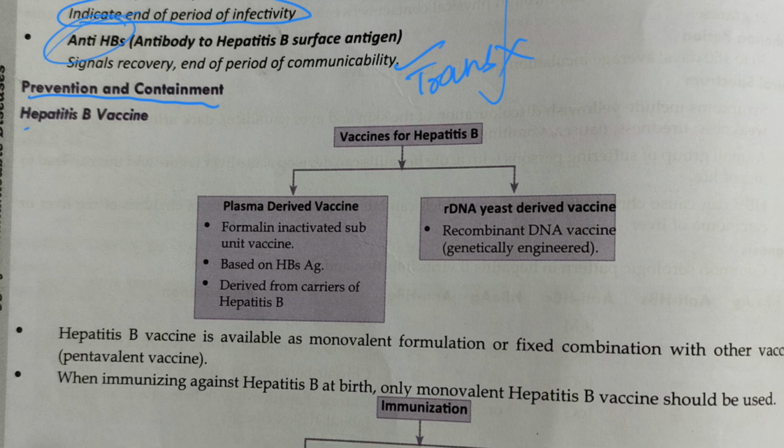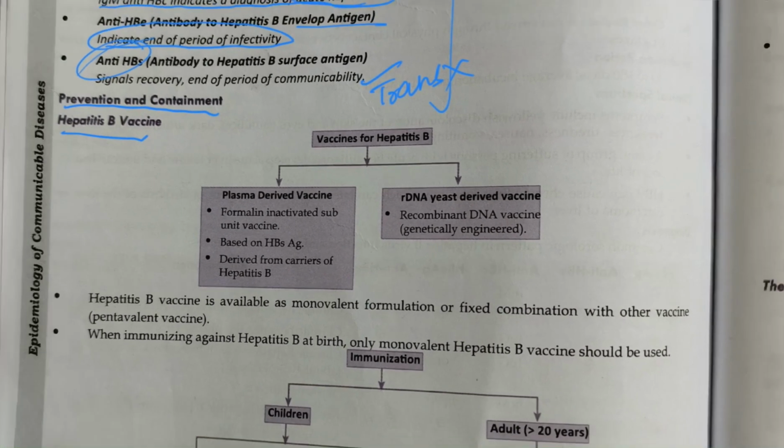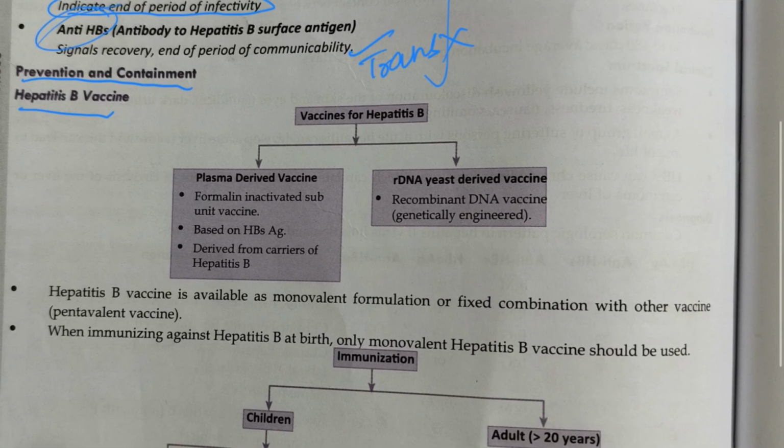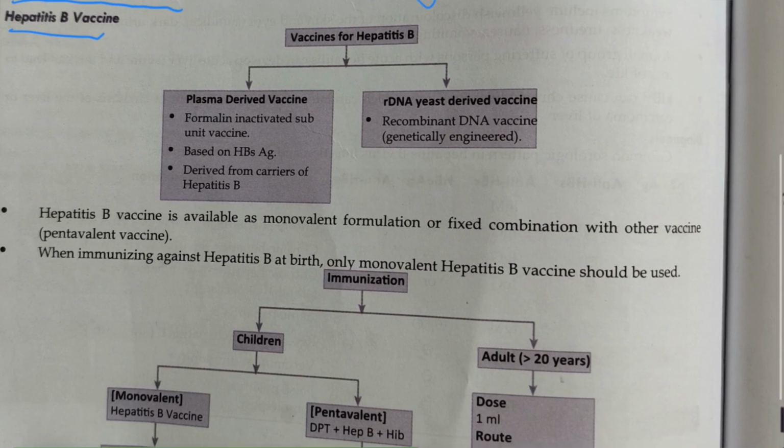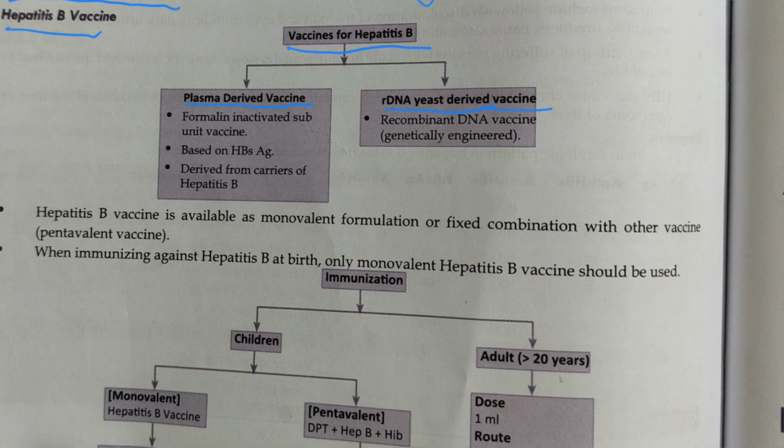Prevention and containment: hepatitis B vaccine. From a community medicine point of view, we are more interested in prevention and containment, that is vaccines. Vaccines for hepatitis B are of two types: plasma derived vaccine, and rDNA, that is recombinant DNA yeast derived vaccine.